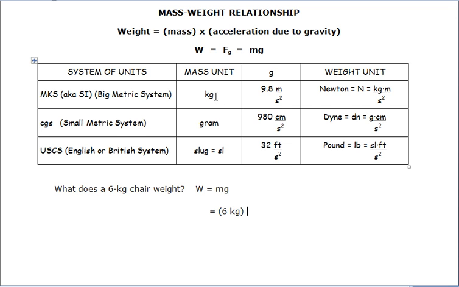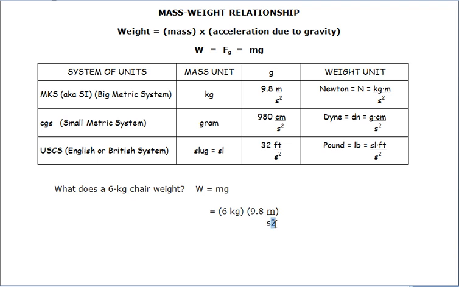Now, since the kilogram is a big metric unit, we're going to want the big metric version of acceleration due to gravity. So we're going to use 9.8 meters per second squared for that acceleration due to gravity unit. When you're doing a calculation that has a fractional unit, it's a good idea to write the unit vertically to avoid any mix-ups in the way you're handling the units.